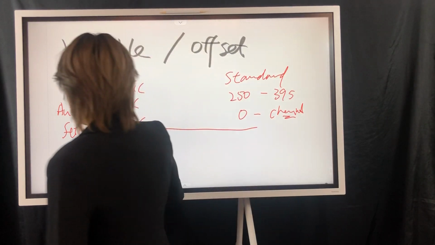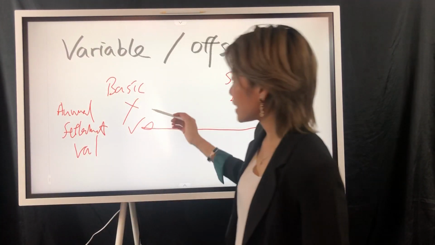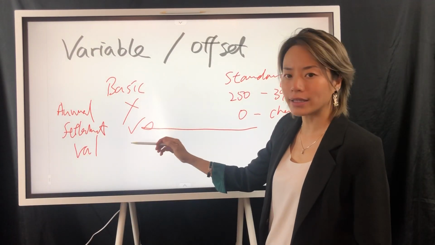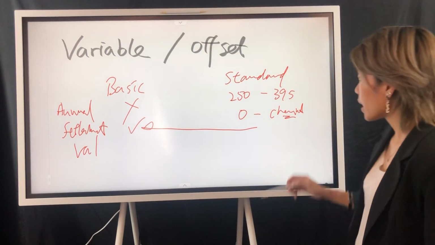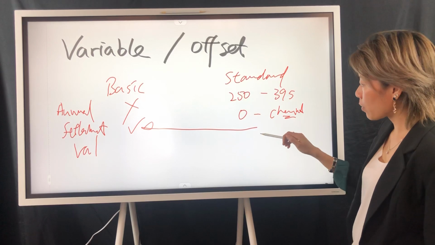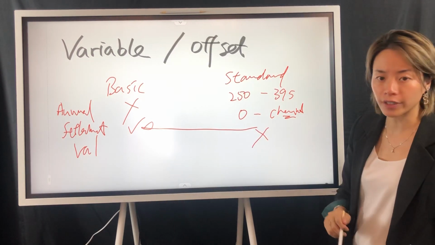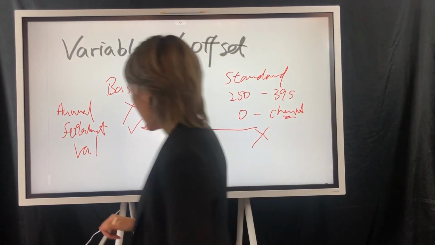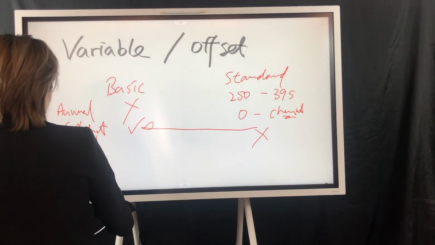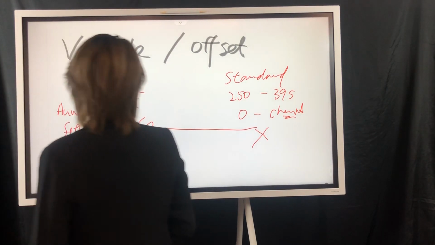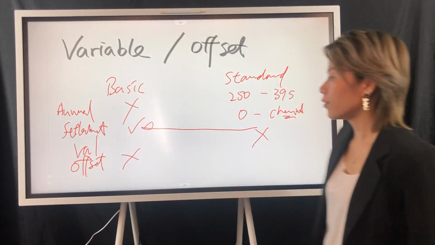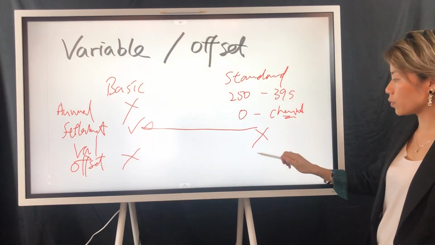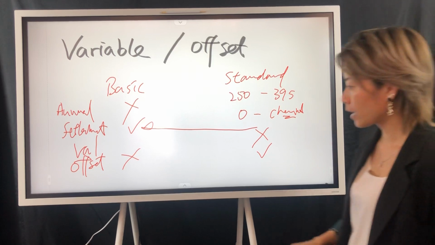And valuation. Some of the basic variable does not charge a valuation fee, but some of them do. With standard variable, most of them have no valuation fee. And offset account. Basic variable does not have an offset account. Standard variable, there's an offset account.